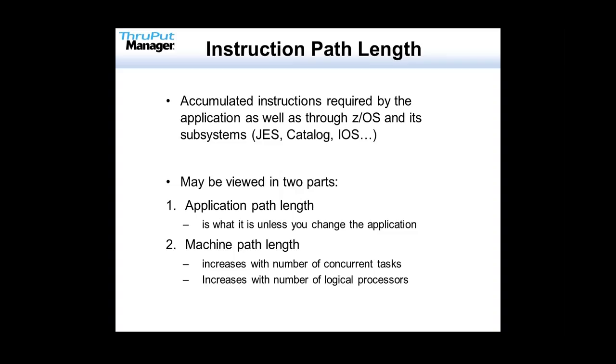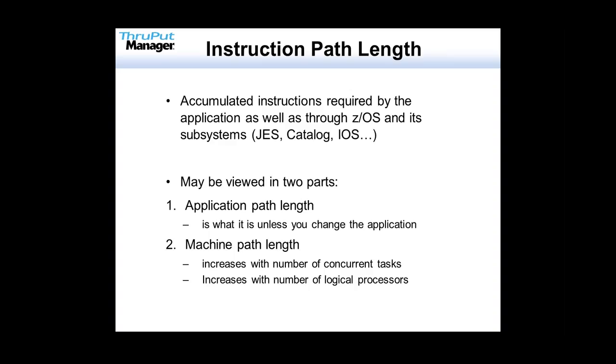Now in the mainframe, a simple example is a transaction that deposits money into an account. The basic instruction at the CPU level could be add the contents of register 5 into the contents of register 6 and store that result in register 7. You could think of this as the application path, which can only change if you change the application. But it's not that simple. The application will need services from z/OS.